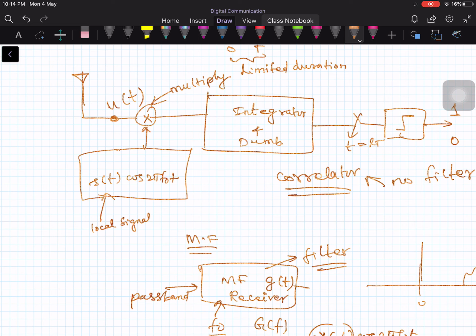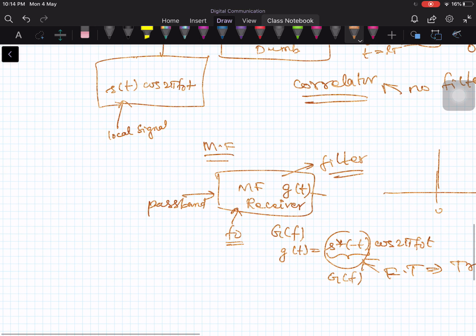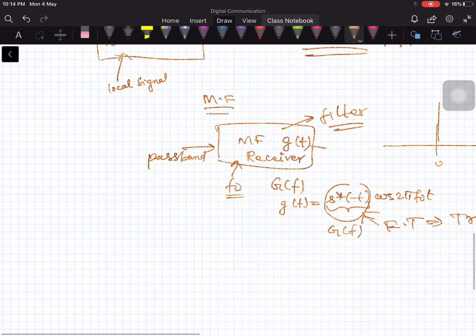The integration is a very simple operation to implement. Therefore, the first thing is you take u of t and multiply by the locally generated replica of the expected signal s of t, and integrate. Then this is your correlator. That's it. So implementation wise, it is very simple and very convenient.